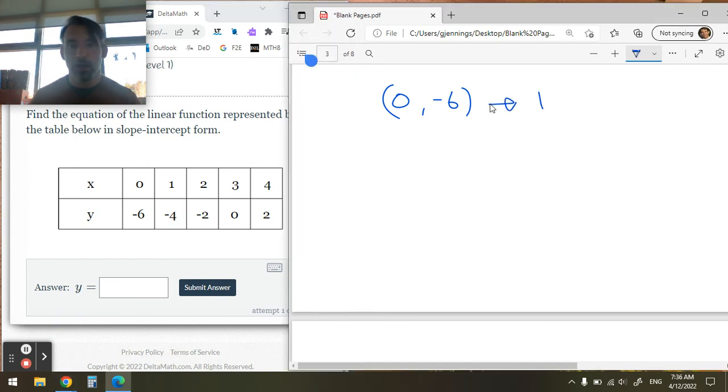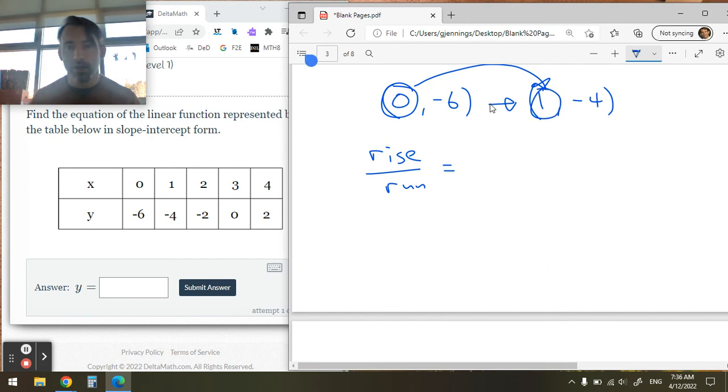The way I do this is first I'm going to get my rise over my run. Run is change in x. 0 goes to 1, so that's an increase of 1. -6 for my rise goes to -4. That's an increase of 2. So this tells me my m is equal to 2.